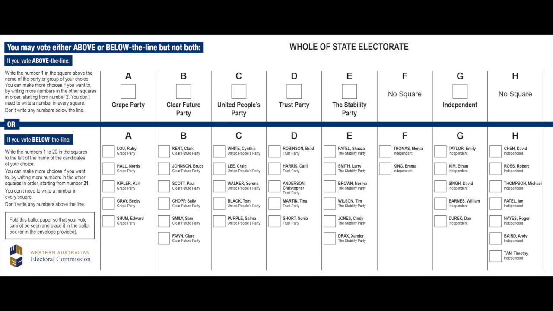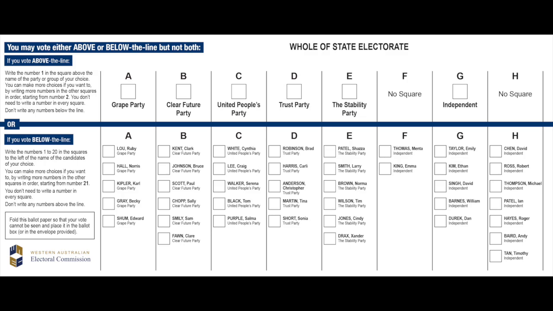You can make more choices if you want to, by writing more numbers in the other squares in order, starting from number 2. You don't need to write a number in every square. Don't write any numbers below the line if you are wanting to vote above the line.